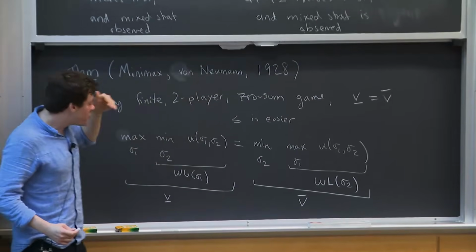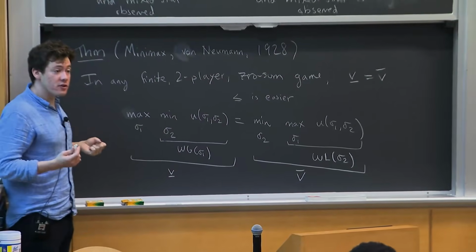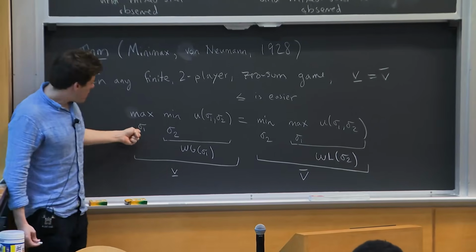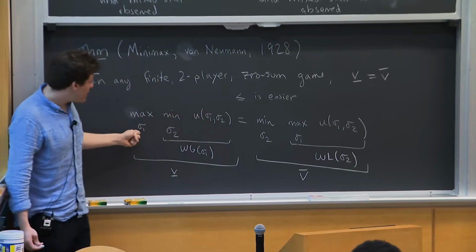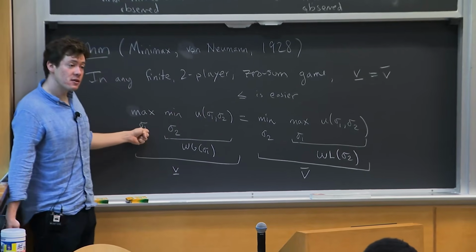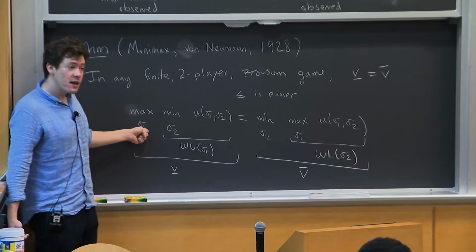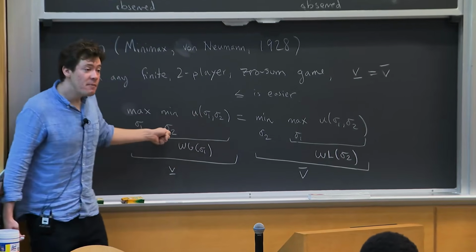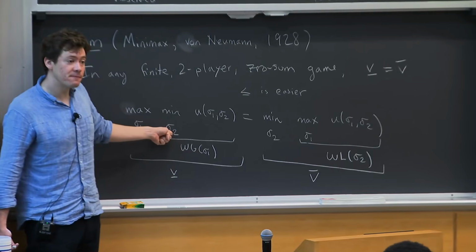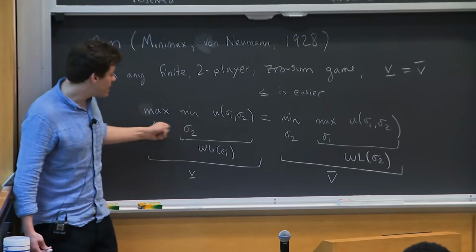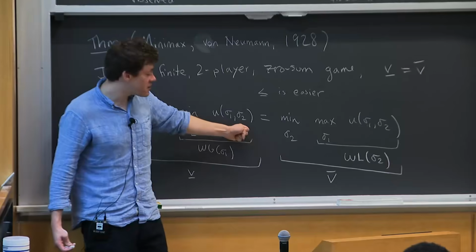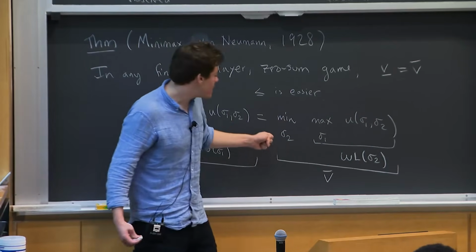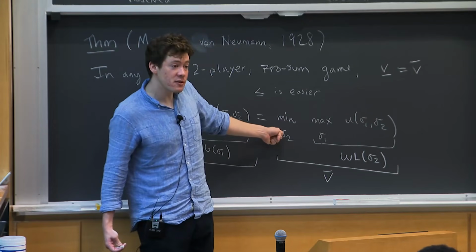And let's go through how we interpret this in terms of who goes first, right? On the left-hand side, what we imagine is player 1 moves first. Their move is observed. And then player 2, seeing what player 1 does, makes player 1 as worse off as possible. So this is the case where player 1 moves observably first. This represents what happens if player 2 moves observably first.